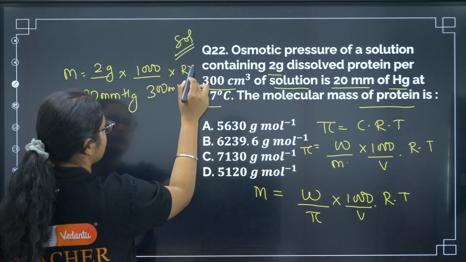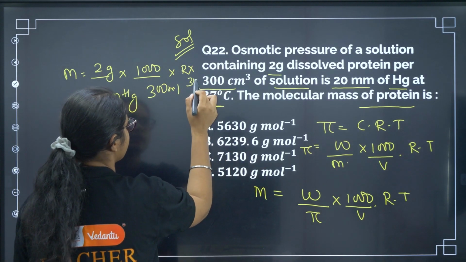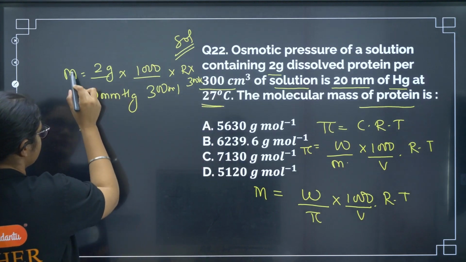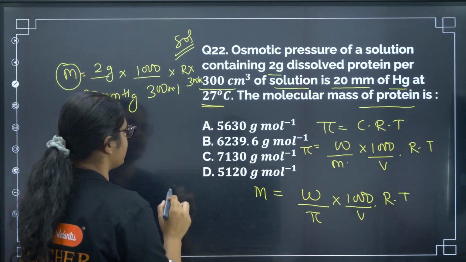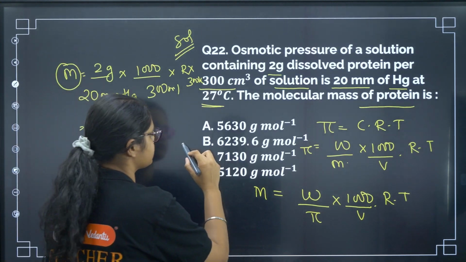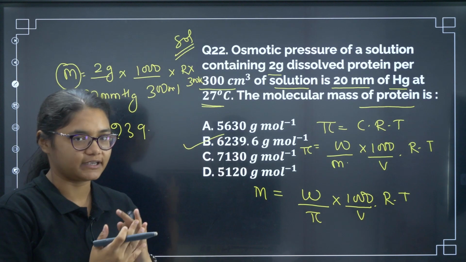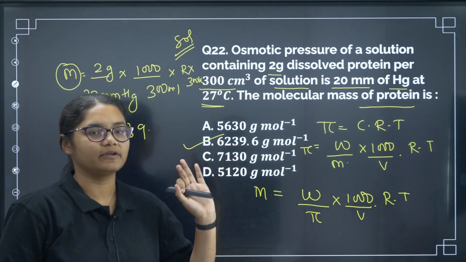Then R value, and temperature given is 27 degrees Celsius, so convert that, it is 300 Kelvin. Now if you solve this for molar mass, we'll be getting somewhere around 6239. So the correct answer for this question will be option number B. Little lengthy calculations, you can do the calculation and check once again. The answer should be coming somewhere around 6000.